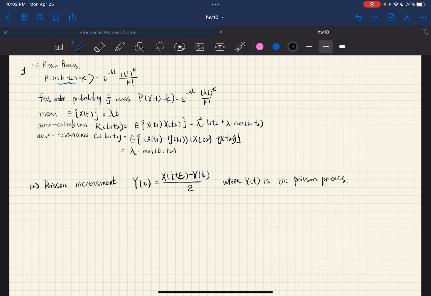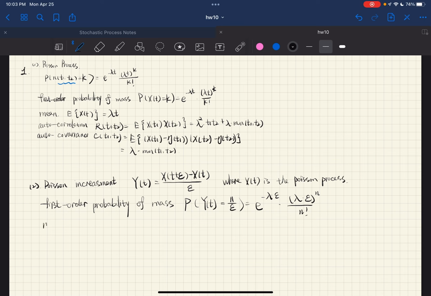And the first order probability mass is the probability of Y(t) equals n divided by eta, which equals e to the power of minus lambda times eta, times lambda times eta to the power of n, divided by n factorial.